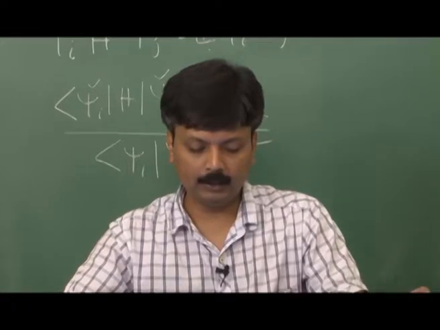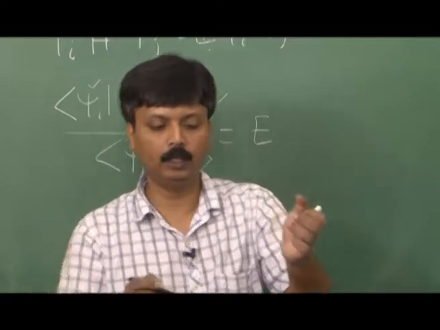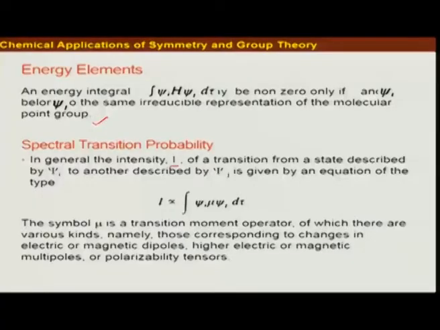If the ground state and the excited state are described by two wave functions psi i and psi j, then the intensity of this transition, which is denoted as I, is given by this integral. Okay, so this is called the transition moment integral.